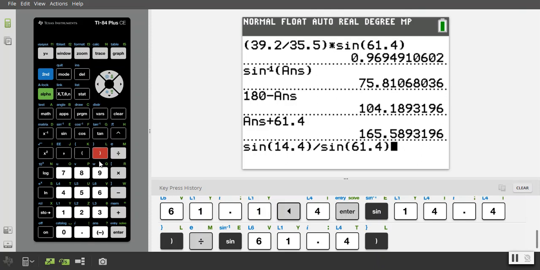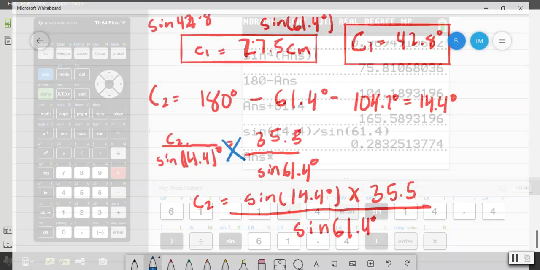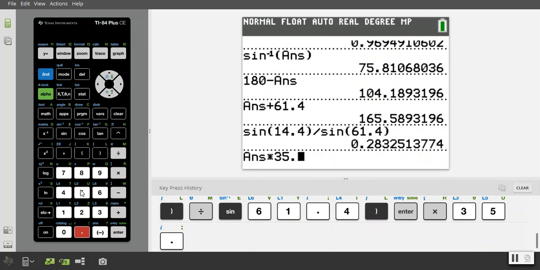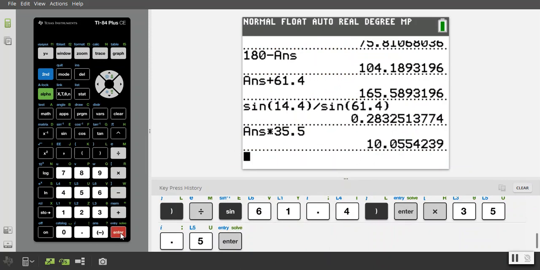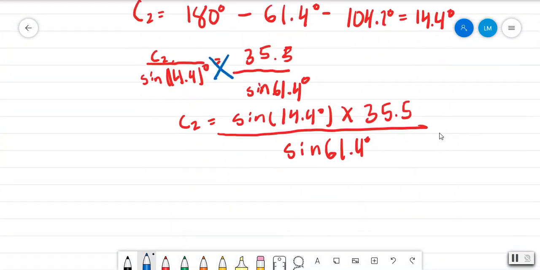And notice that I'm only using the items that were already given, and that's kind of a standard. Then 35.5. Then we hit enter, and yeah, that looks about right. 10.1 centimeters.